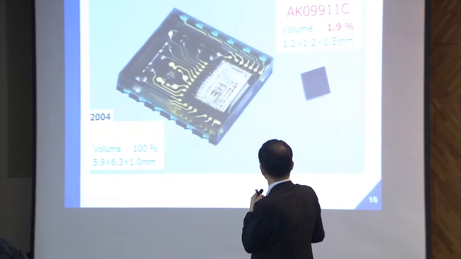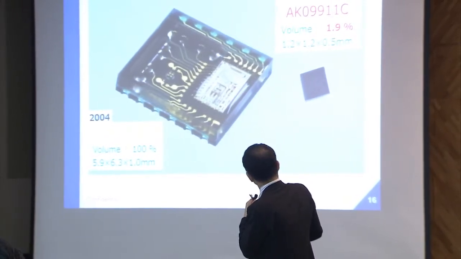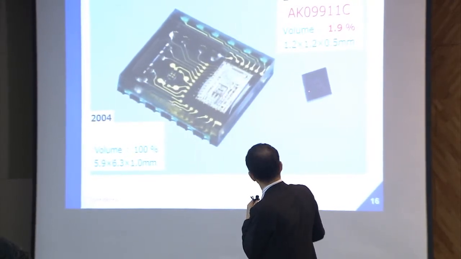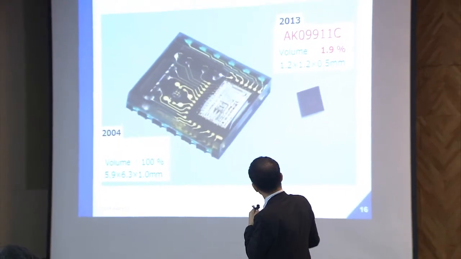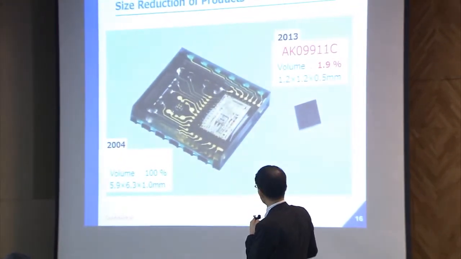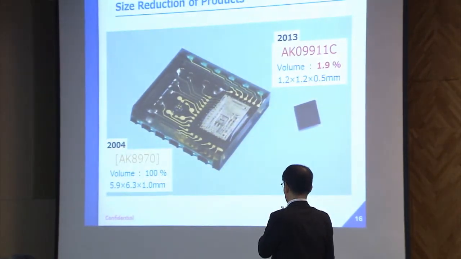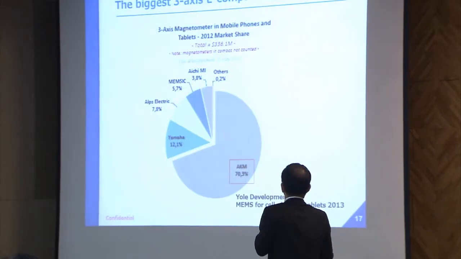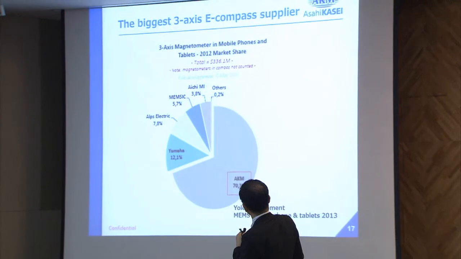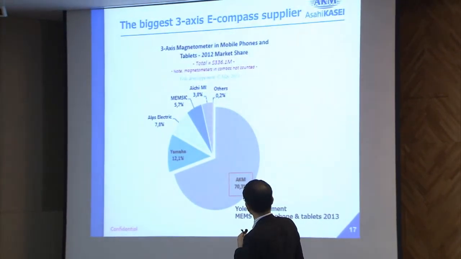However, with the latest one with magnetic concentrator, we could make the package size smallest. And the volume of the latest one is about 2% of the original one. Big advantage. And the main application of our e-compass is mobile phone and tablet.